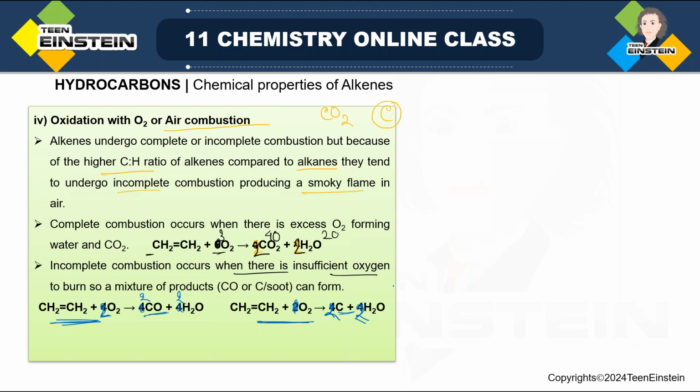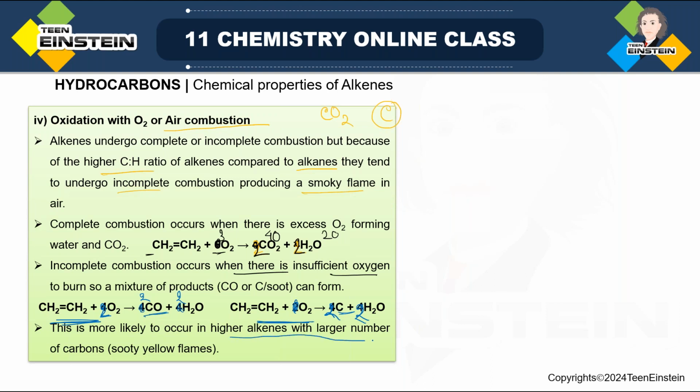Now you are getting carbon only. So there is soot formation, carbon or soot, and this probability of incomplete combustion is more likely to occur in higher alkenes where there is a large number of carbons present. Then this chance is high and the flame is sooty yellow in nature.